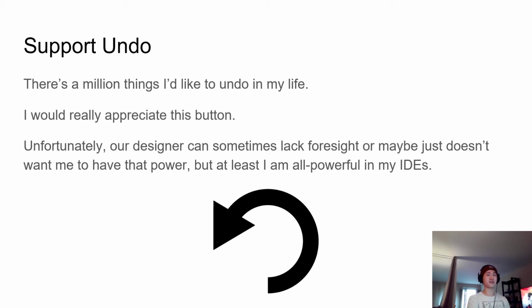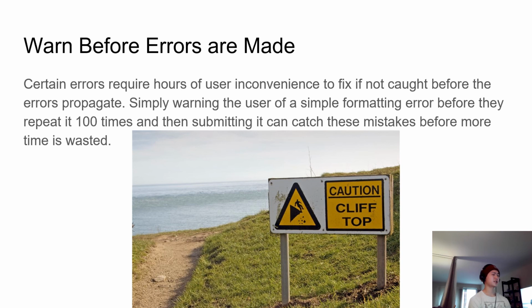It would be incredibly frustrating to have to rewrite an entire document based off that. But we have a lovely little Control Z button in most programs, and I think that's a very helpful design.